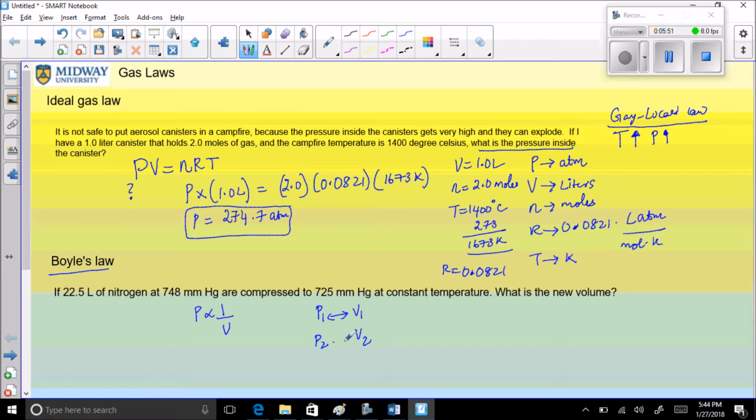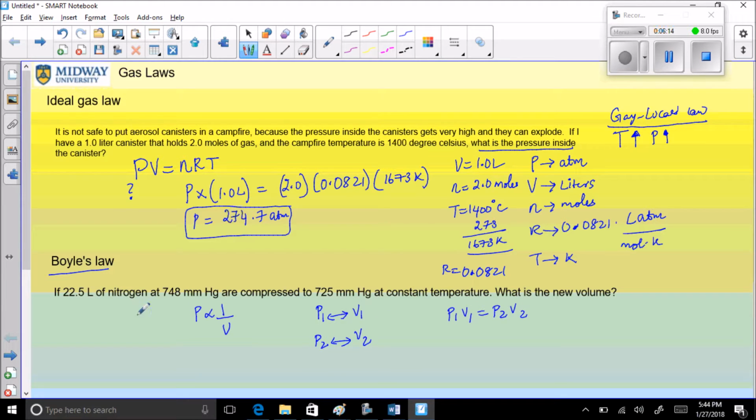So pressure 1 and volume 1 are related, and pressure 2 and volume 2 are related. Is there an easier way to write it? Yes, sure.